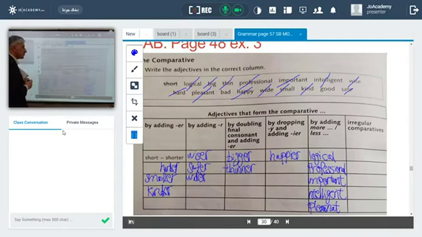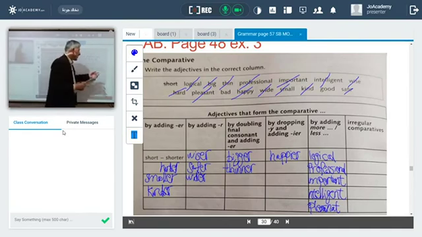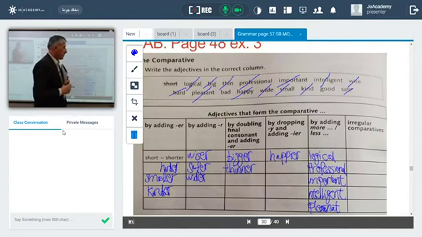Also pleasant, also from the long adjectives. So pleasant, intelligent, important, professional, and logical. These are long adjectives or more than 2-syllable adjectives. So also left we have bad and good. So they are from the irregular.